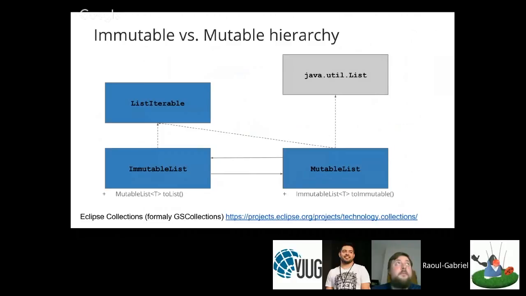MutableList and ImmutableList share a common parent interface, ListIterable, which only declares read-only methods, which means you can substitute use of an ImmutableList or MutableList in the context of a ListIterable. So both can be used if you are promising that you're only using read-only operations through this ListIterable interface.